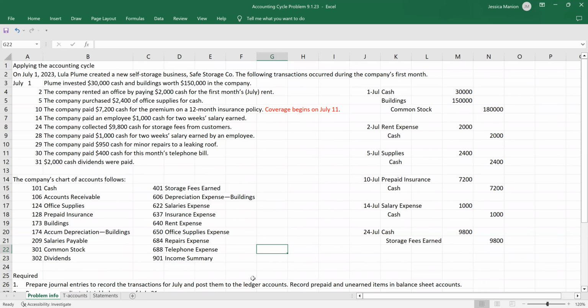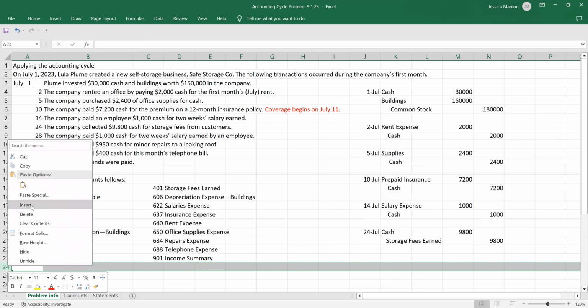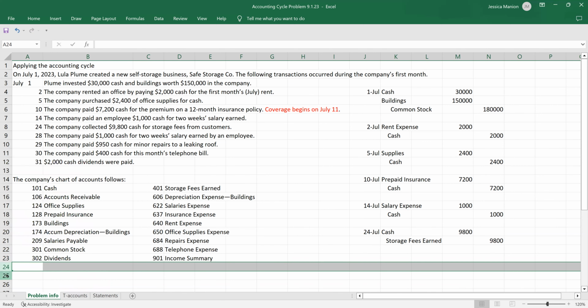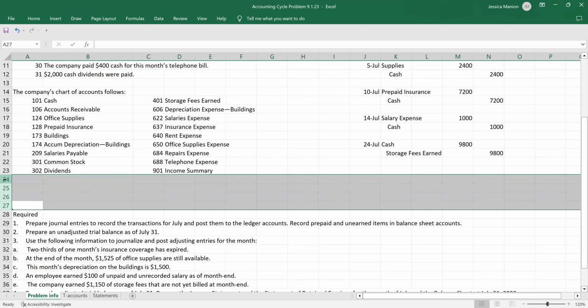Okay. Looks like I'm going to insert a few rows here. Usually when I do this problem, I print it out, so I wasn't thinking about the amount of rows.